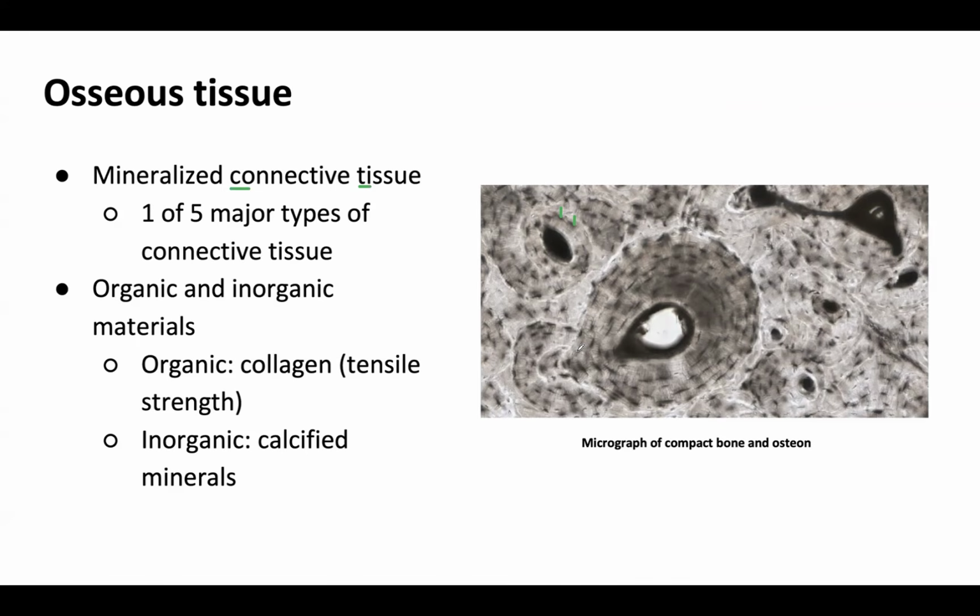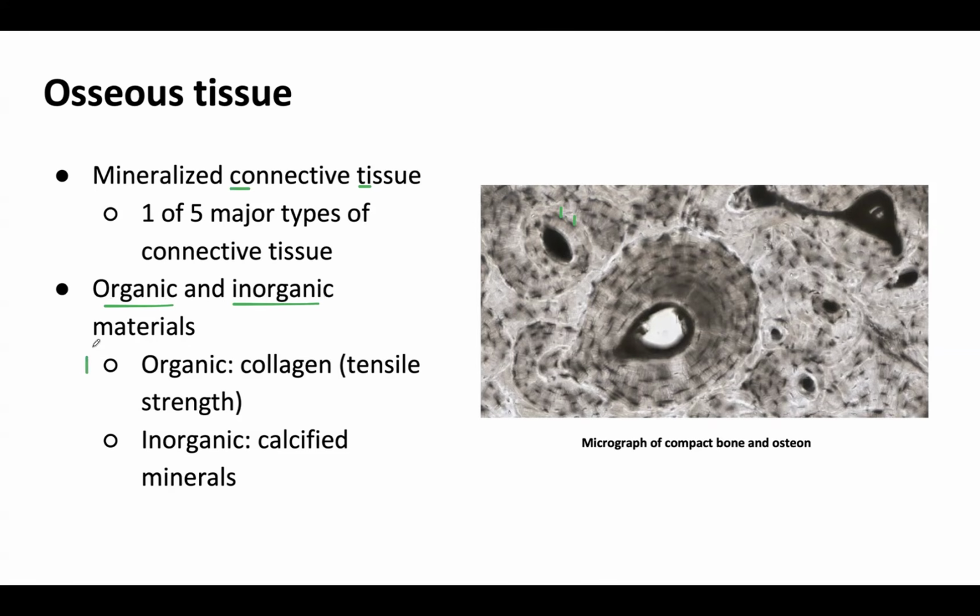So how the extracellular matrix is organized will vary between the different types of connective tissue. And so osseous tissue is unique in that the extracellular matrix is calcified or mineralized, which means it is hardened. The extracellular matrix is going to be composed of organic as well as inorganic materials, and both are equally important in maintenance and function of the bone.